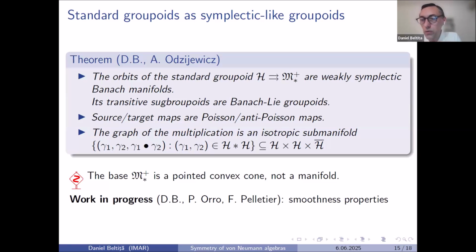It will certainly not be a Lie groupoid in the classical way, since the base is not a manifold. Still, it is a nice closed convex cone, so it does carry some nice structure.